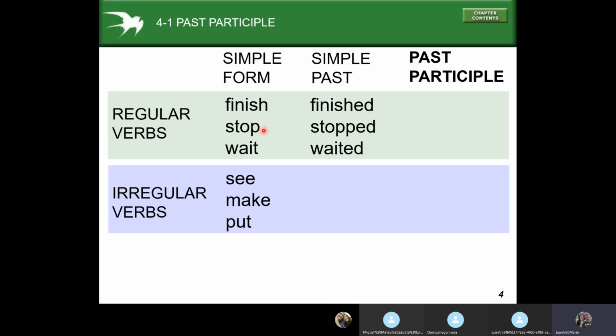We have stop, and the pronunciation of the past is stopped. And then we have wait, and the pronunciation is waited. You must study this.